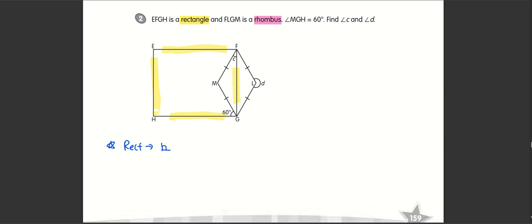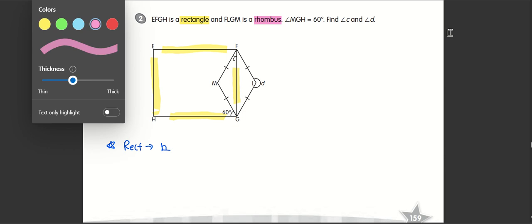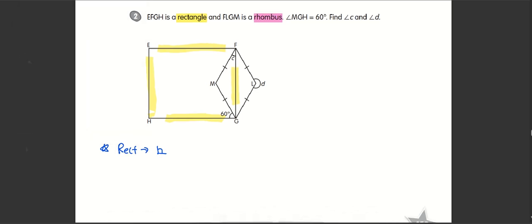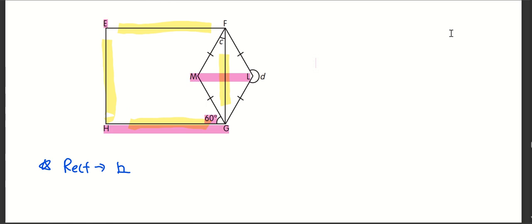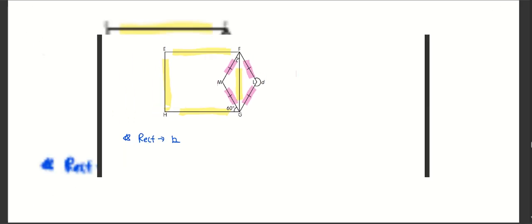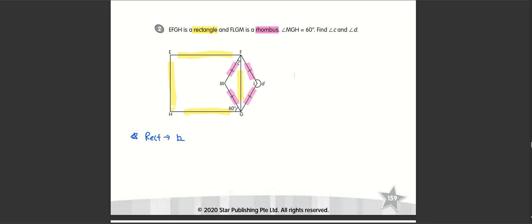All right, the next shape we have is the rhombus. So let's check out the rhombus here. Okay, highlighted in pink here, the rhombus, and that's probably the clue to the next property that we might be using.